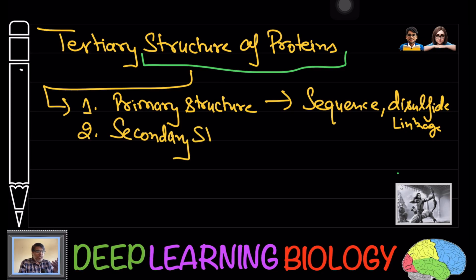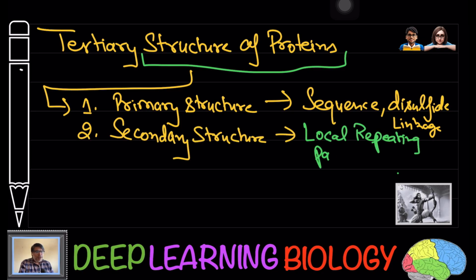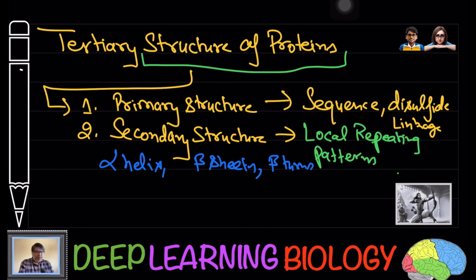Now, we have learned in secondary structure. When we discussed the secondary structure, we learned that generally we are going to learn about local repeating patterns which are found within the proteins. In that class, we discussed alpha helix, beta sheets, beta turns.